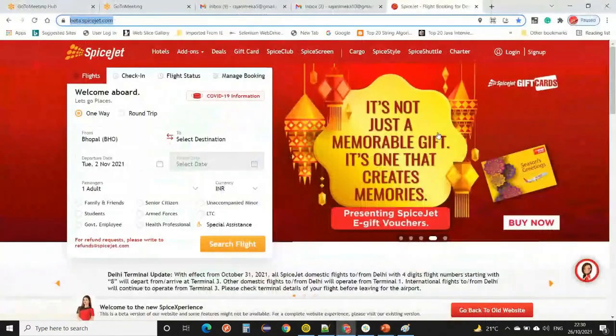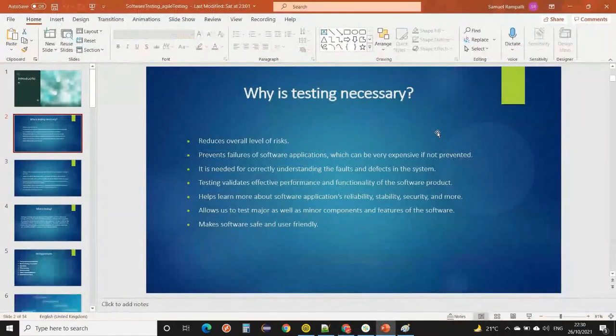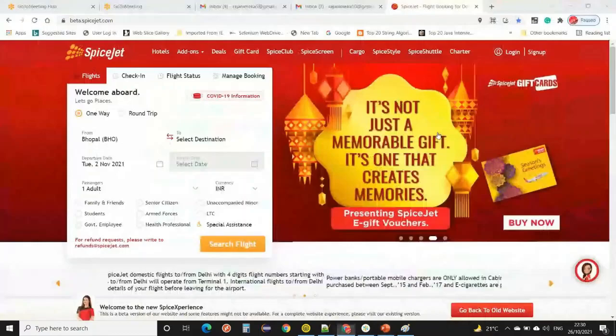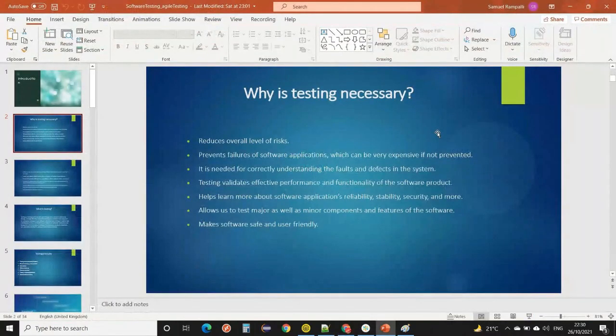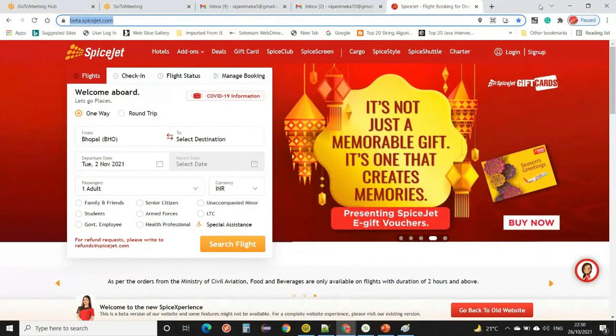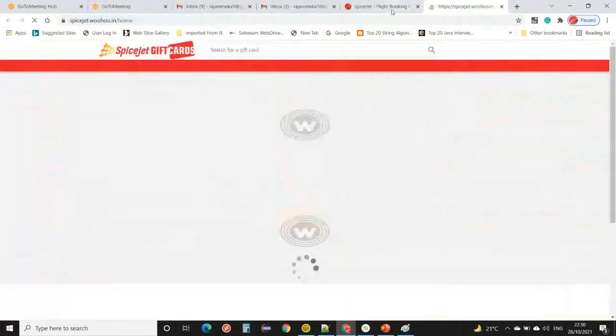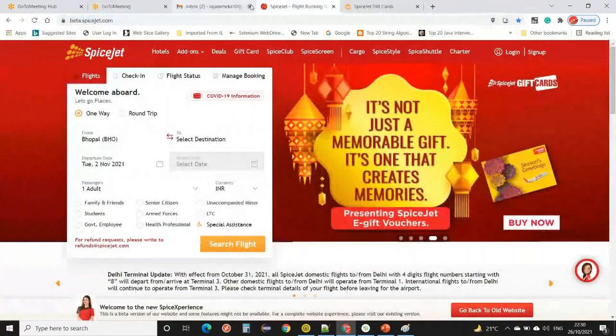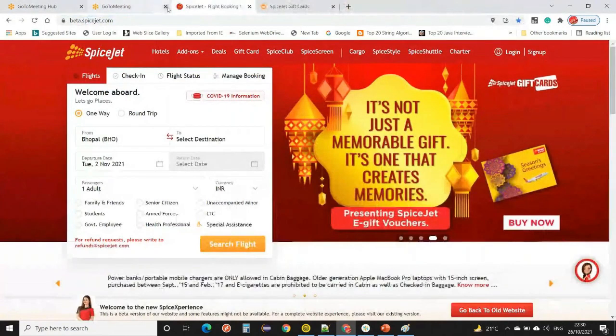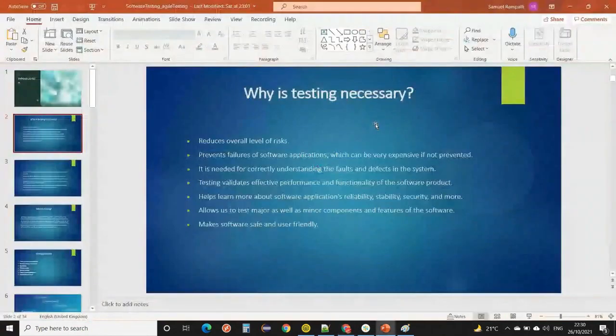What that means is, with testing only we understand the major and minor components of the software. In testing we test all the components, like login is a component, and then the spice screen, gift card, or deals, and all these things will be tested here.